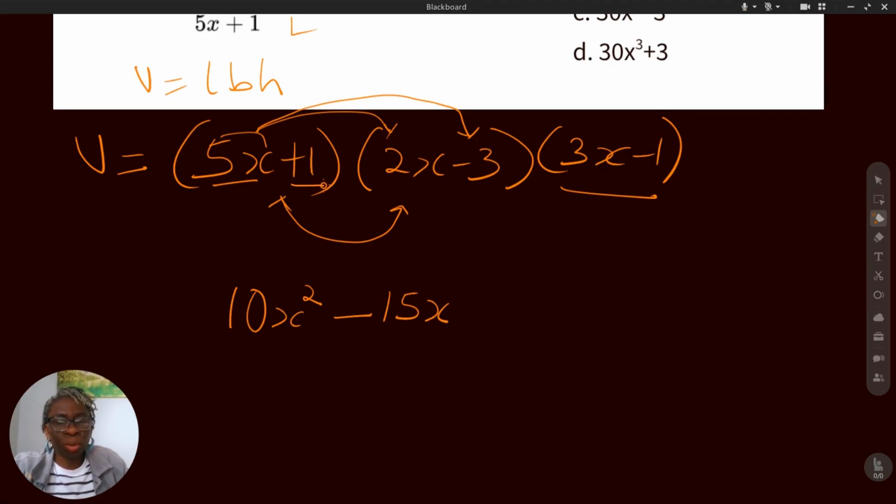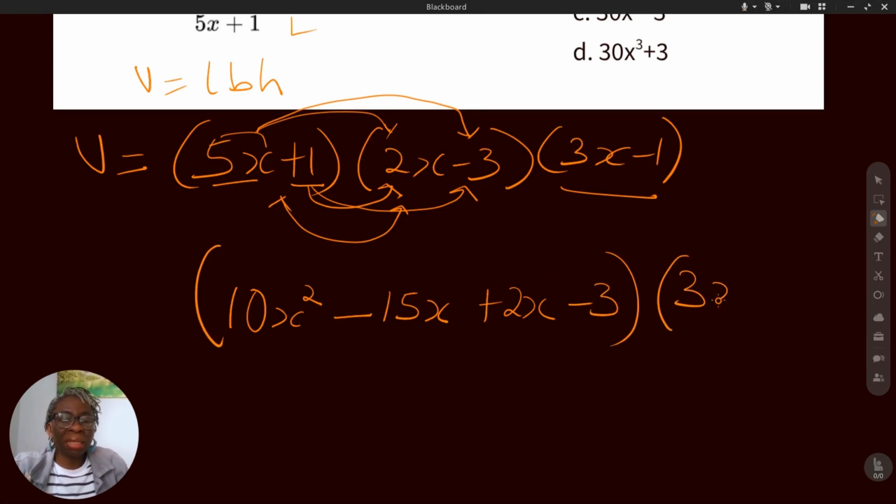Let's go to plus 1. We take plus 1, we use it to multiply 2x. That gives plus 2x. Now we take plus 1, we use it to multiply -3. That becomes -3. So we have this, then we are to multiply this by 3x minus 1.